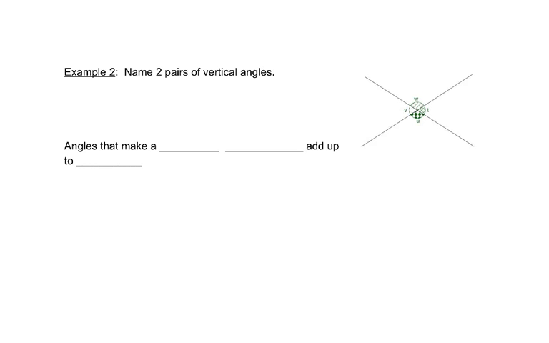So in this example, we'll write two pairs of vertical angles. So again, remember, vertical angles mean angles that are across from each other. So here, for example, angle V and angle T, or angle W and angle U. And like I said a minute ago, these angles are congruent.